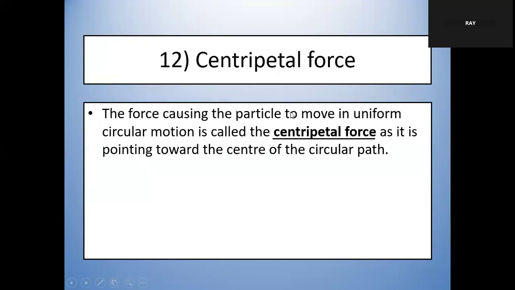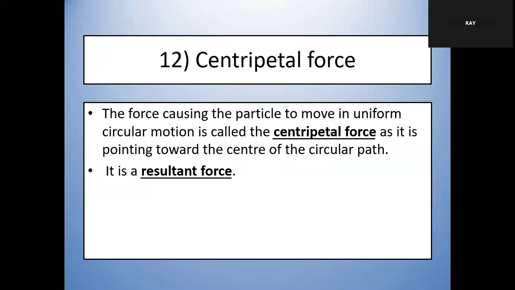The force causing the particle to move in uniform circular motion is called centripetal force, as it is pointing towards the center of the circular path. Remember, it's the resultant force. We know the magnitude of the resultant force, that's all. But it has to be provided by something.